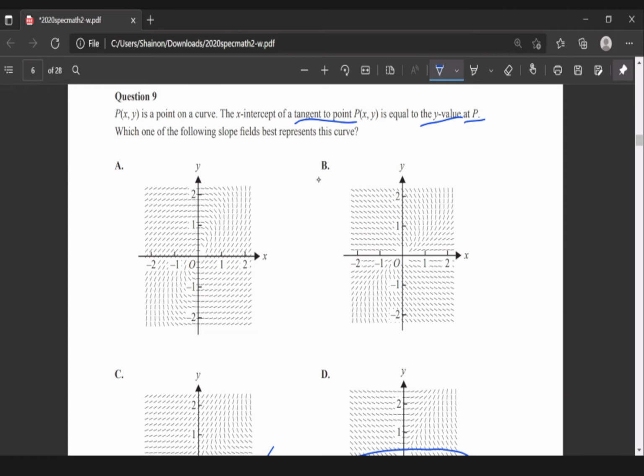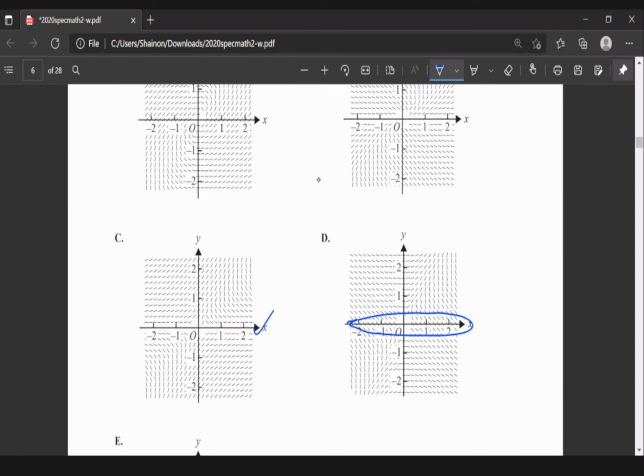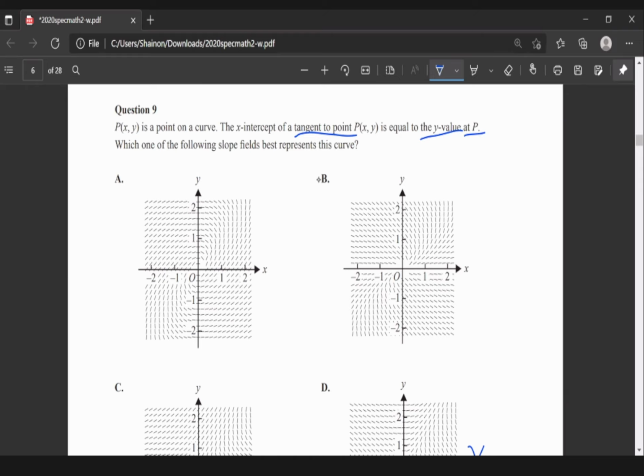And I found that the one that made the most sense, so this one wouldn't make sense because it has to be all the way at the x-axis. So I think it was B.